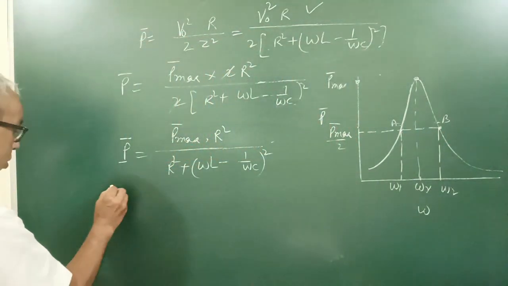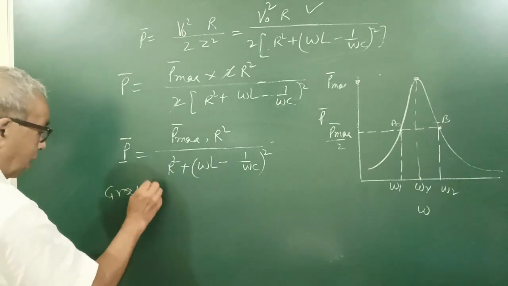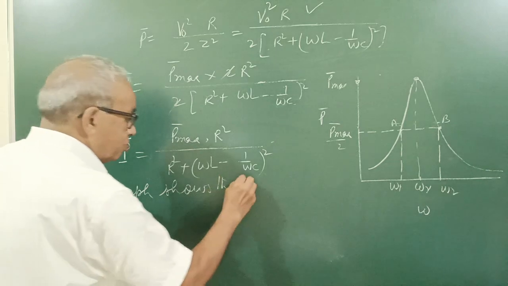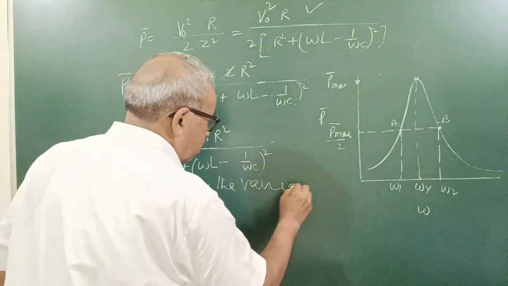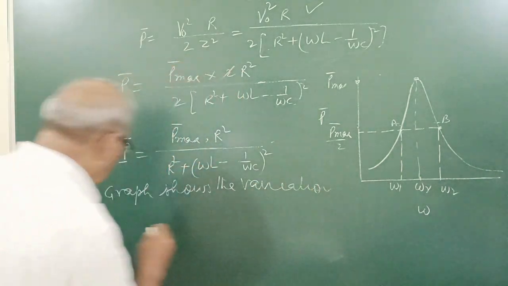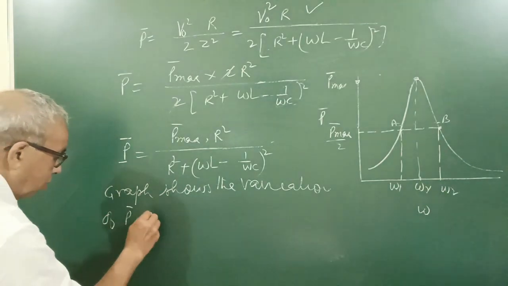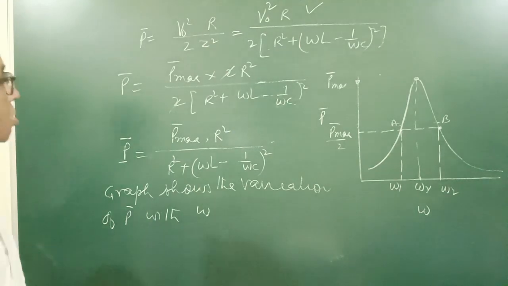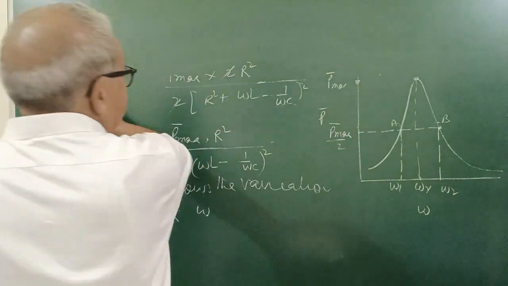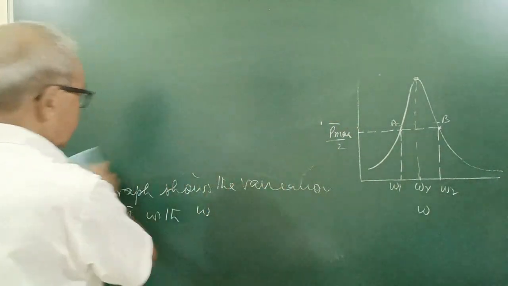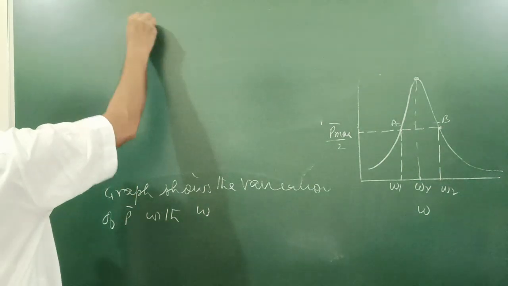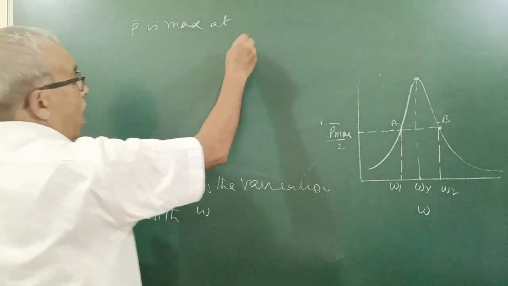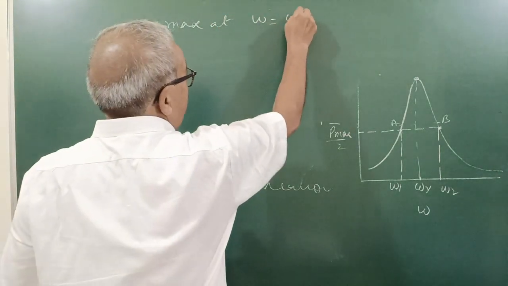So the graph shows the variation of P bar with omega. The power P bar is maximum at omega equal to omega r.